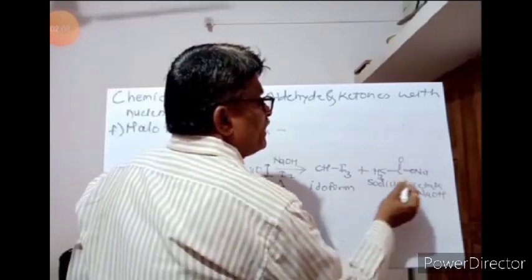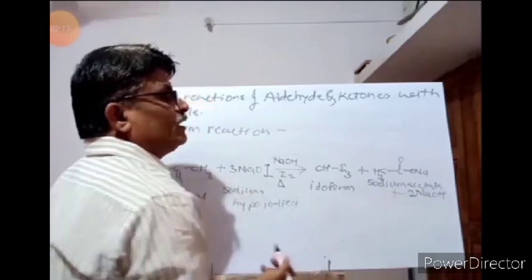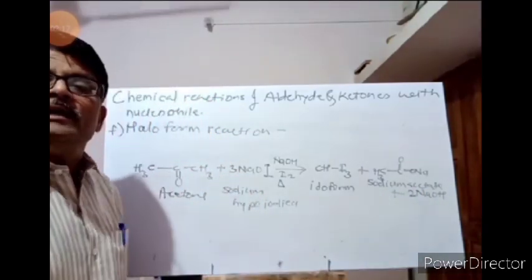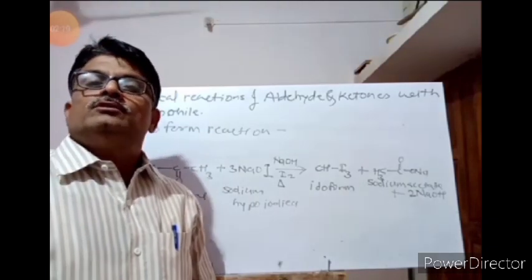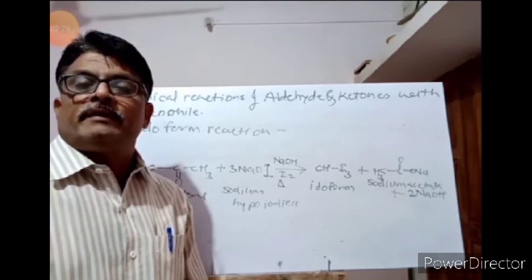Acetone is also known as propanone. The sodium salt of acetate, called sodium acetate, is formed with two molecules of NaOH. So this reaction is known as the haloform reaction.